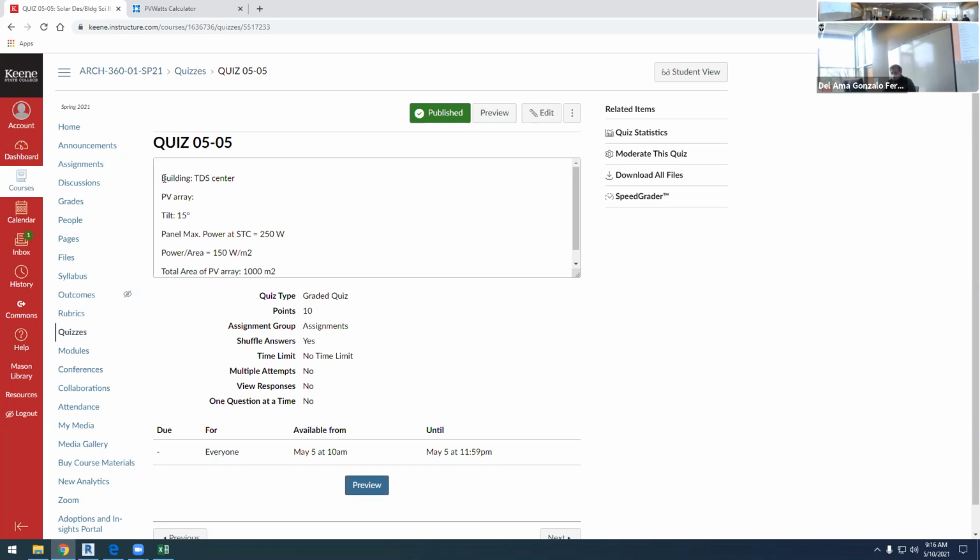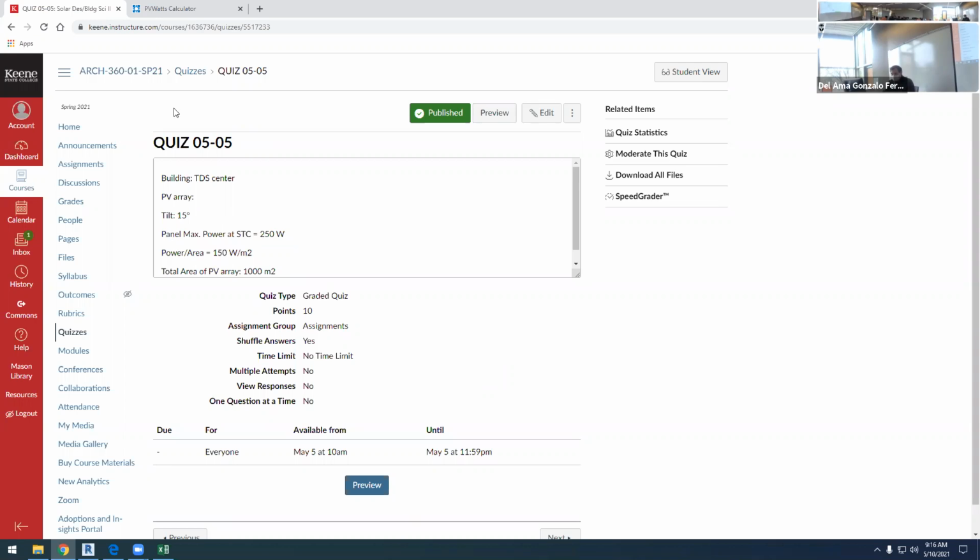Okay, so for this quiz, we have the building, the PV array, and this is the most important thing on the quiz, because if you can't enter the DC size on PVWatts, then everything else is wrong. And it's quite easy.